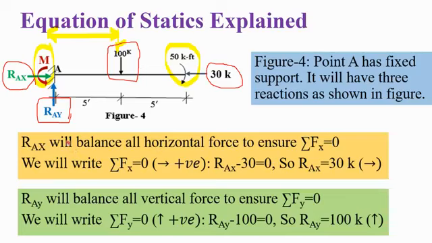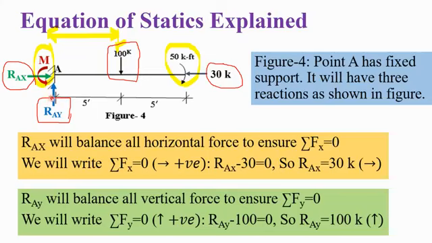Rx will be balanced by the horizontal force. Rx positive, taking right side as positive, so plus Rx minus 30 is equal to 0. So Rx becomes 30 kip, and the result is positive, so we assumed Rx in the right side, so the answer will be like this.